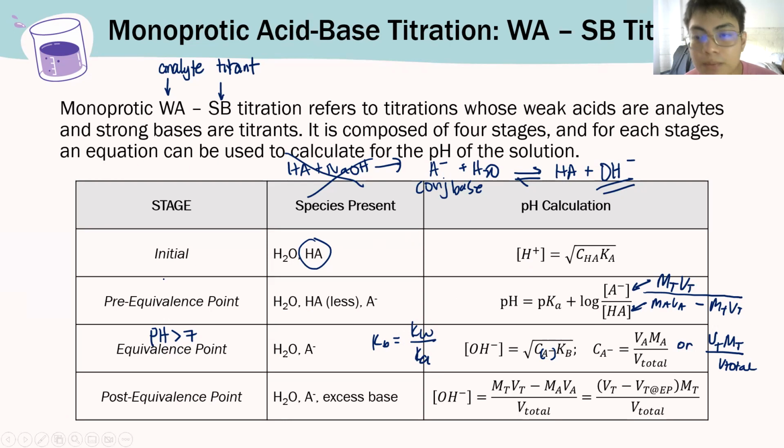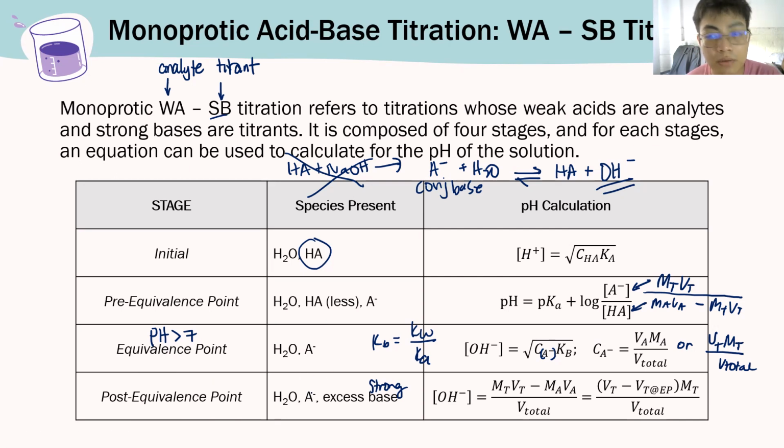And then finally, at the post-equivalence point, you have three species present: the water, the conjugate base, and your excess strong base titrant. I have to emphasize the strong base. Why? Because who can contribute to the pH? Well, the pH of water is 7.